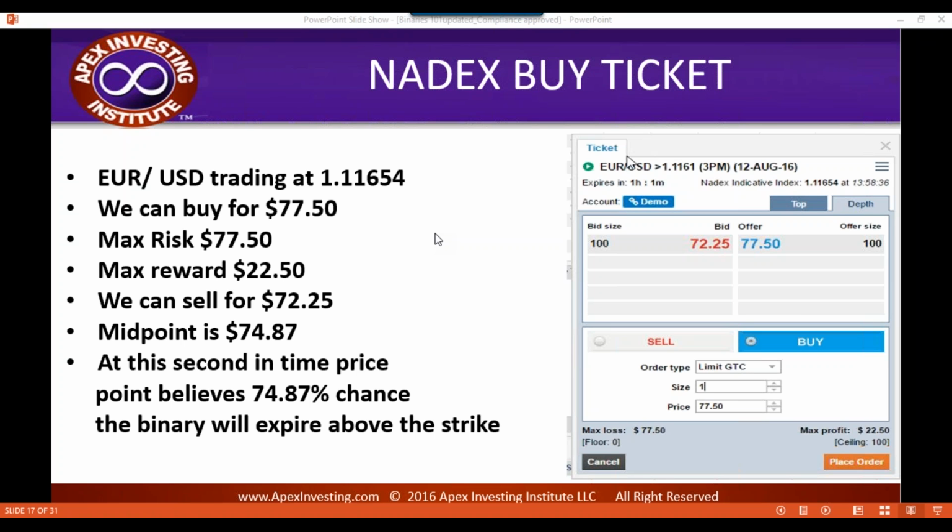This is really important to understand because as you've noticed, there's a lot of different binaries to choose from and they're all priced differently. You might have binaries priced that you can buy for $5, 20, 30, 40, 50, 60, 70, all the way up to 95. So when you've got a bunch of different ones to choose from priced anywhere from $5 to $95, which one is the best one to go with?